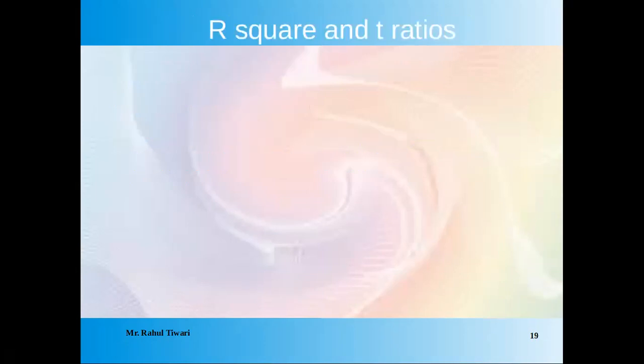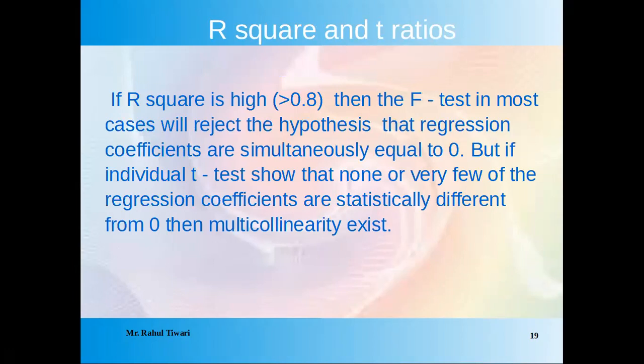First is R square and t ratio. If R square is high, greater than 0.8, then the F test in almost all cases rejects the hypothesis that regression coefficients are simultaneously equal to 0.